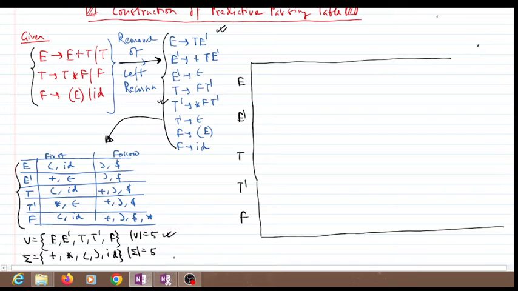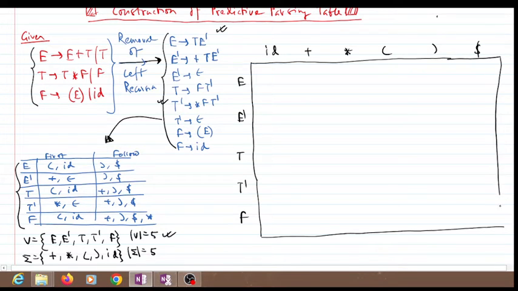The number of columns will be equal to the number of elements in the set of terminals plus 1. So the number of columns will be 6. So what are the columns? The columns will be all the elements in the terminal set and dollar. So let us write all the elements: id, plus, star, opening bracket, closing bracket and dollar.